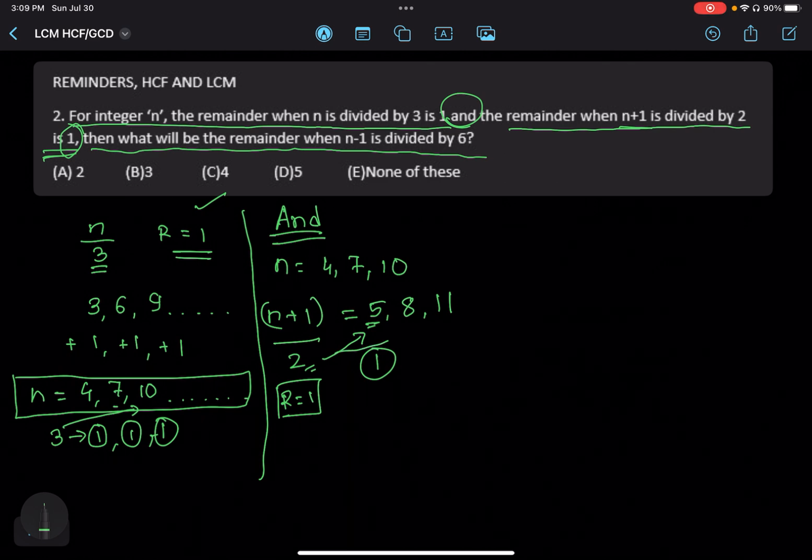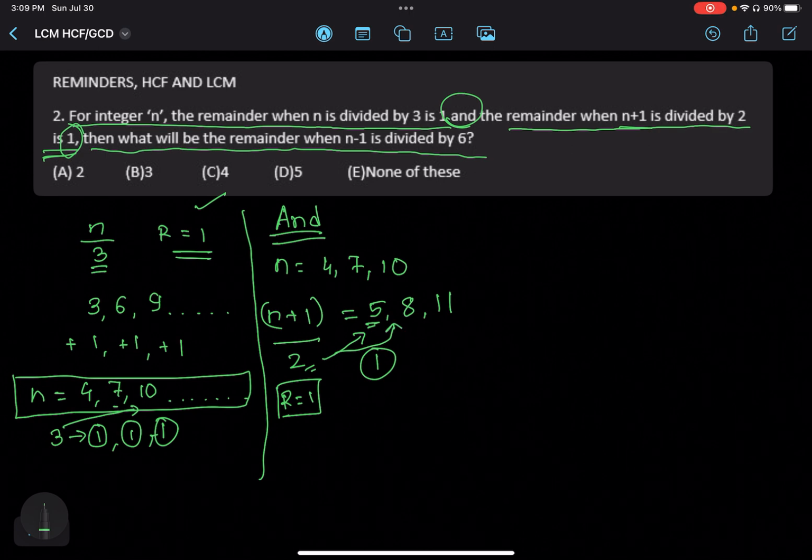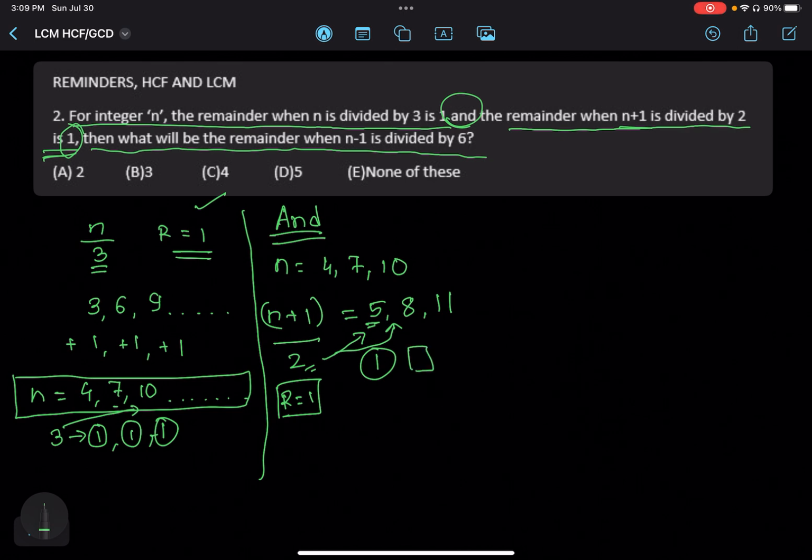But when I divide 8 by 2, 2 fours are 8, and the remainder will be 0. But when we go for our third number, which is 11, 2 fives are 10, so 11 minus 10 is 1.